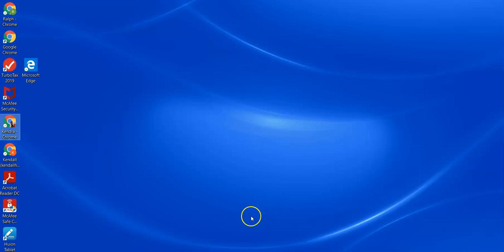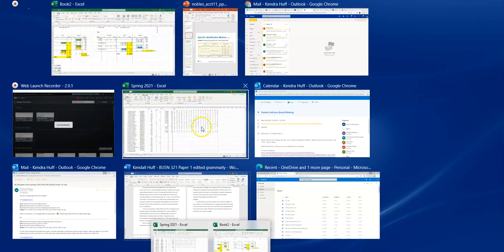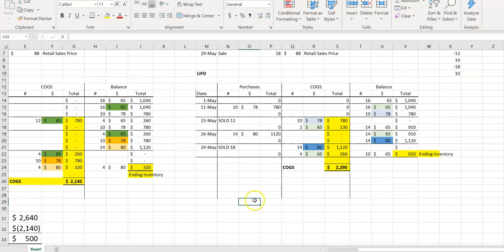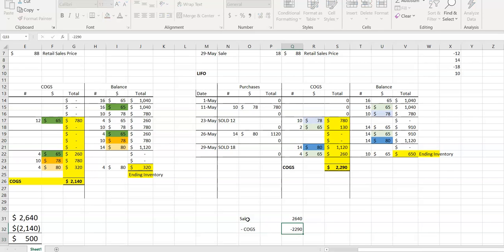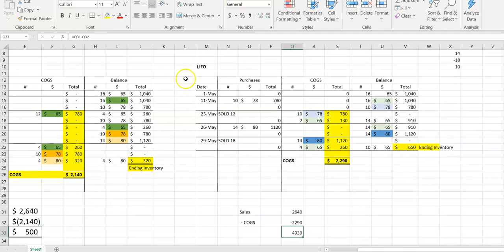Okay, my sales. I don't know what I keep hitting on my little scroll mouse pad thing. All right, my sales stay the same. They're $26.40 minus cost of goods sold. And that equals $49.30. I'm sorry, $350. And that's my gross profit.